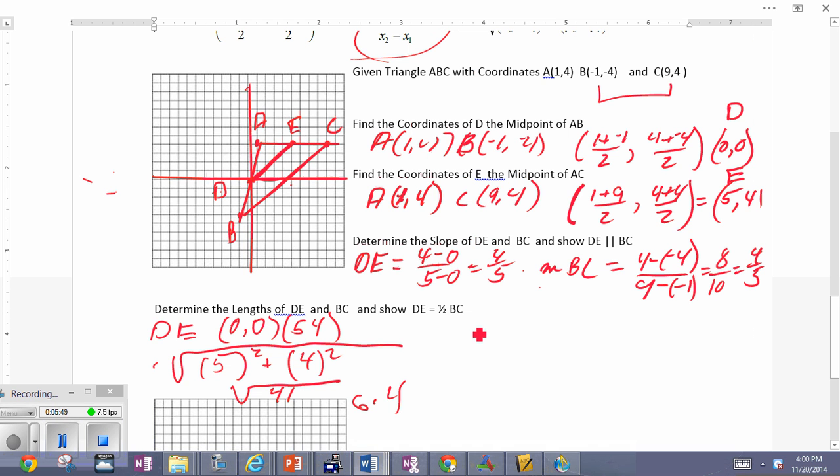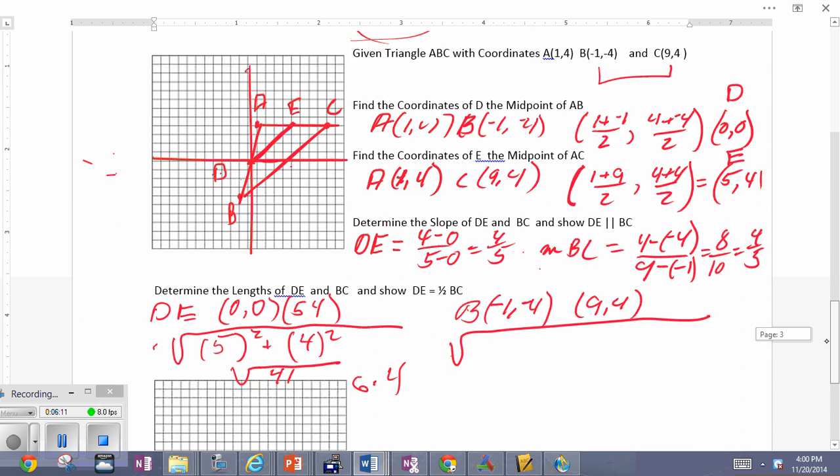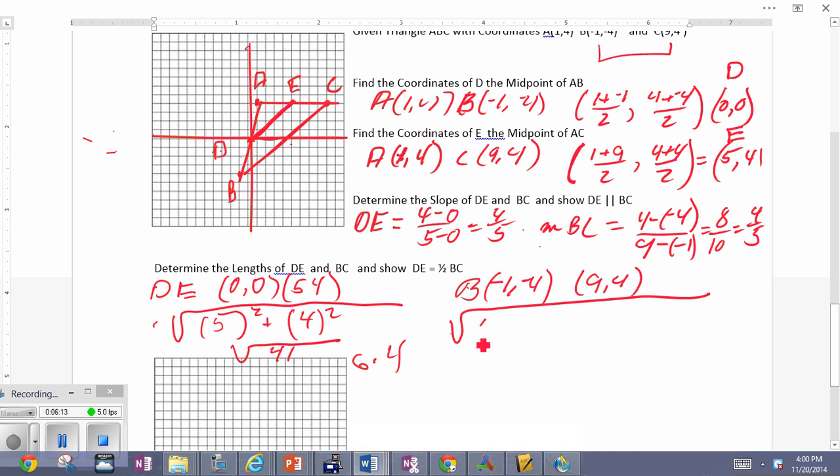Now let me compute BC. The coordinates of B, watch your signs, are negative 1 comma negative 4, and C is at 9 comma 4. Now my distance formula, recall, was at the top there. x2 minus x1, so that's 9 minus negative 1.